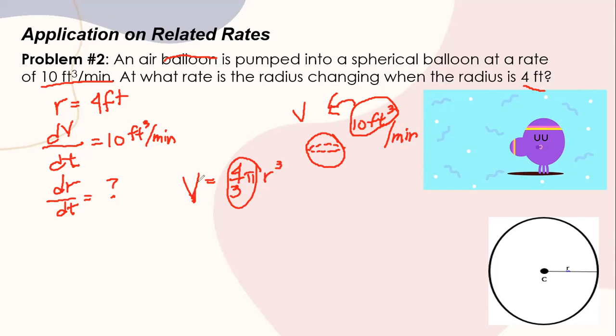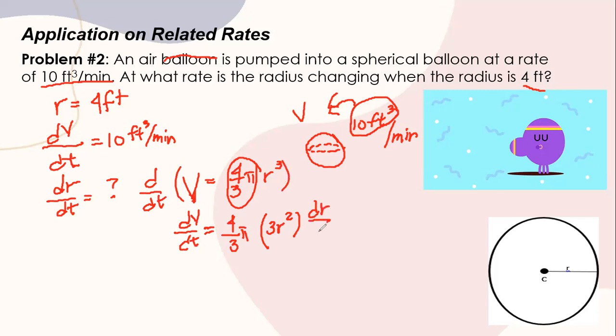So we have derivative ni V with respect to T is dV over dt. That is equal to derivative ng 4/3 pi r cube. Just copy the constant. Okay. Multiply to 3r squared. Since r yan, we are getting the derivative with respect to time.